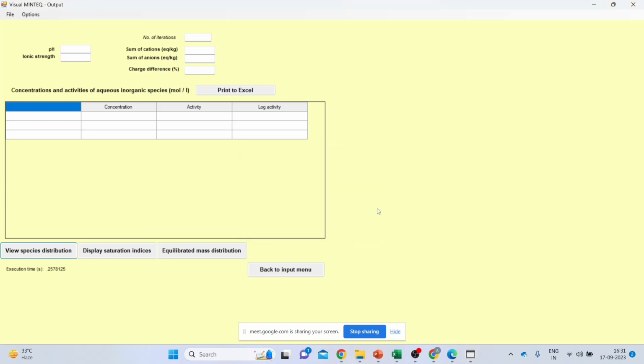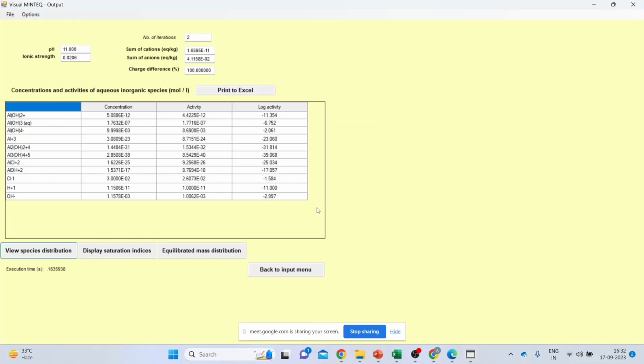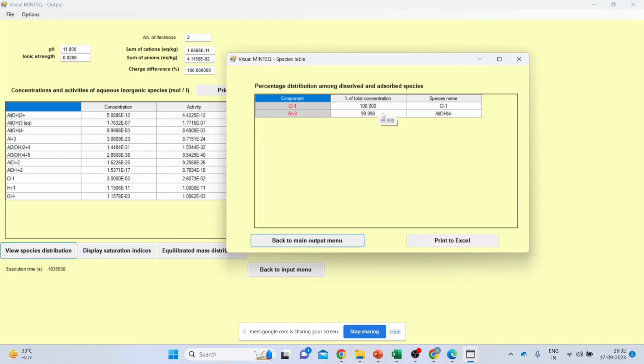Let's see what is showing at pH 11. So it was not running at pH 5, I guess. I don't know why, but it is running at pH 11. So let's see the species distribution. So that is okay. Al(OH)4- is the dominant species at pH 11. At pH 5 it was Al3+.